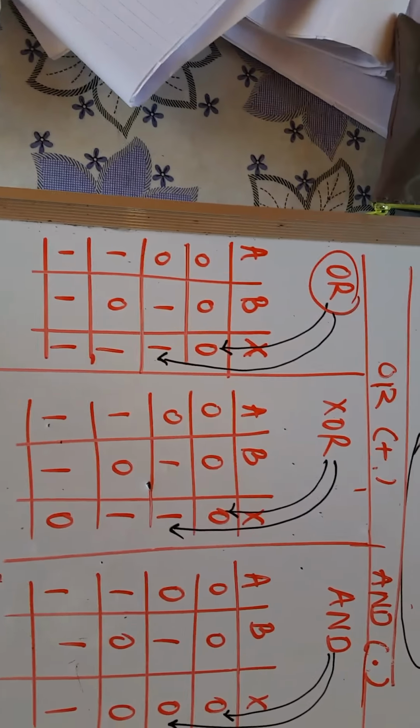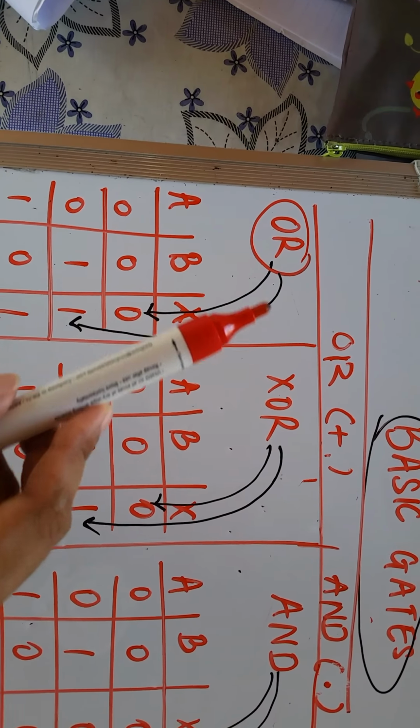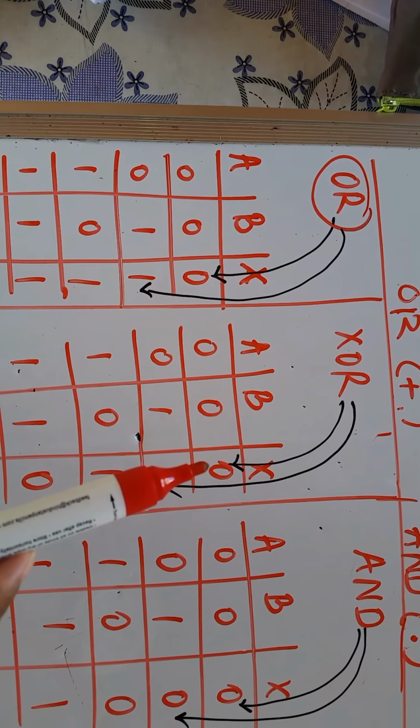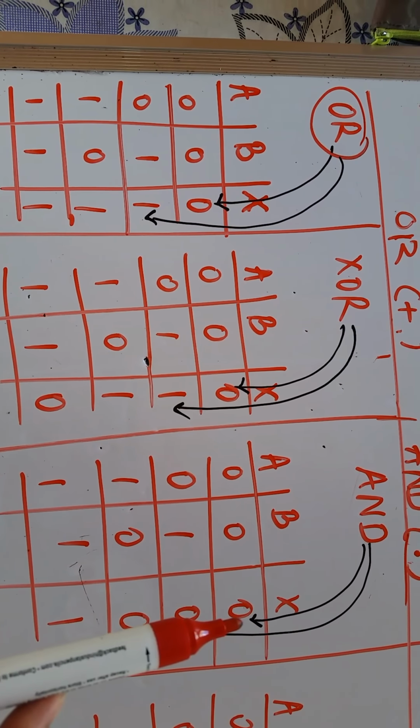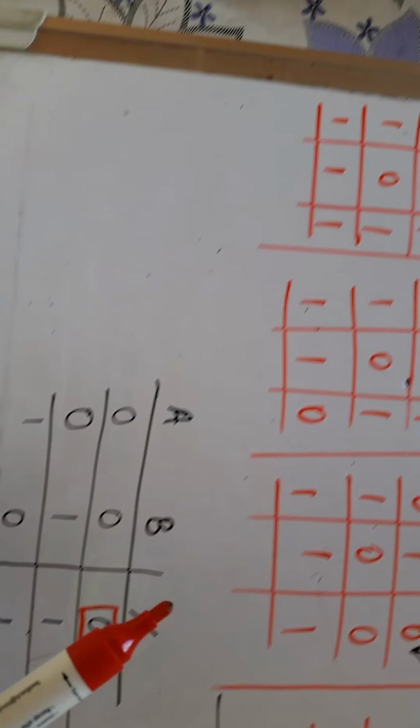You are going to see, for the case of the basic gates, be it the OR gate, the XOR gate and the AND gate, they all produce an output of 0 when A and B are 0.